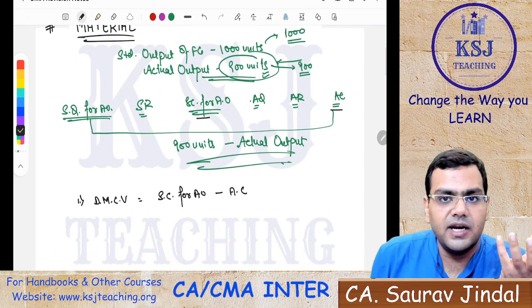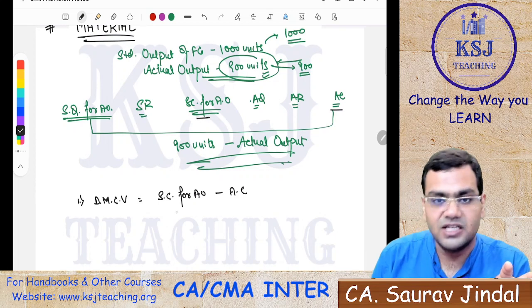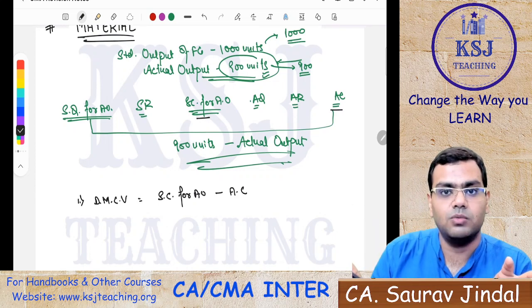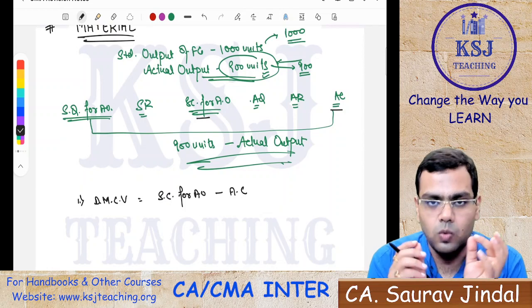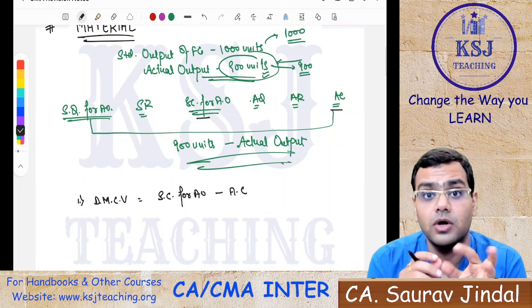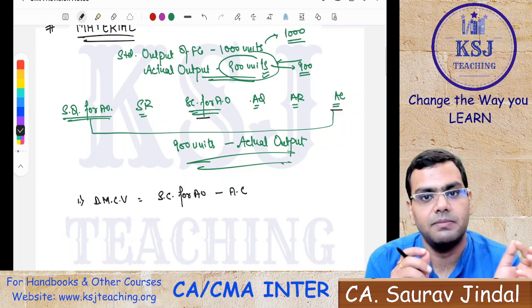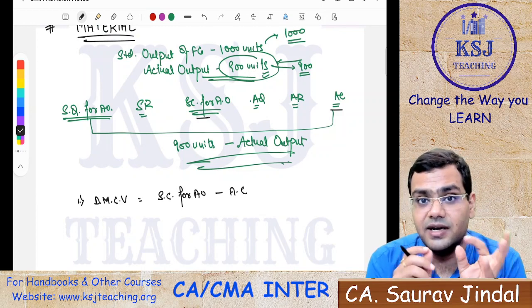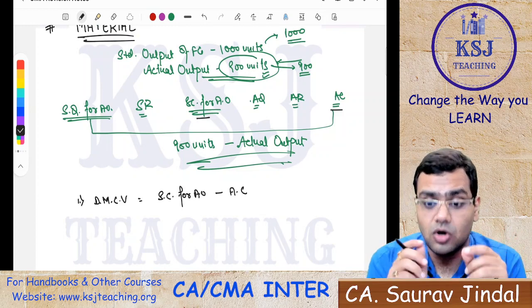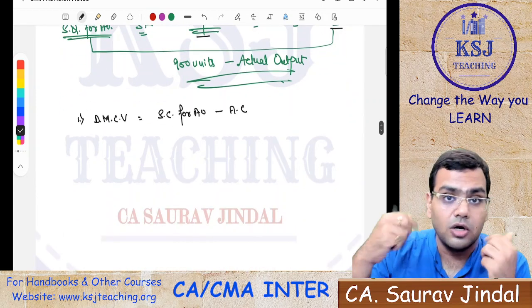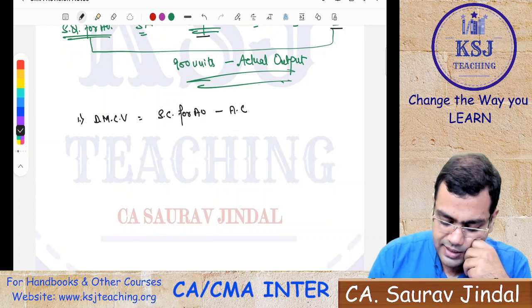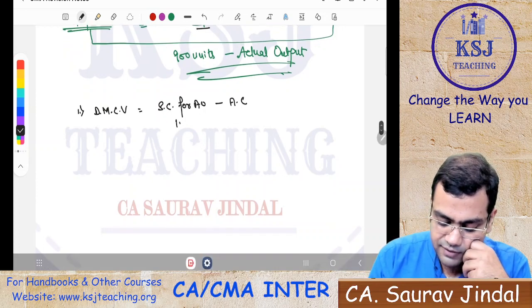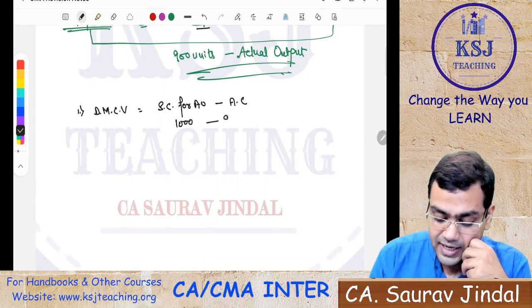Sir, how do we find out why we are keeping the standards first and then actuals afterwards? One simple rule that you have to remember: whatever should be more, it should be kept first. Now we say the standards should be more in terms of the cost. We have thought of what the standards are. You are thinking that making it will cost 1000, but the actual cost is 900.